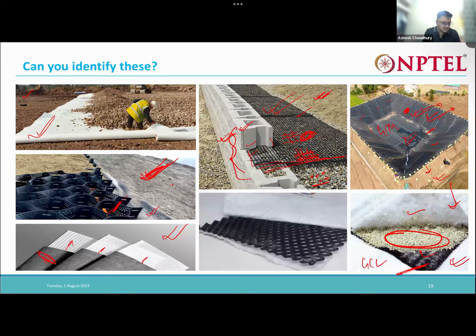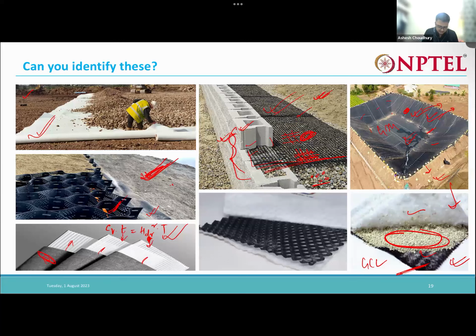So we know this equation, right? This Cv t is equal to H dr square into this time factor. So if this drainage path is more, the water gets more drainage path, this time will actually increase.